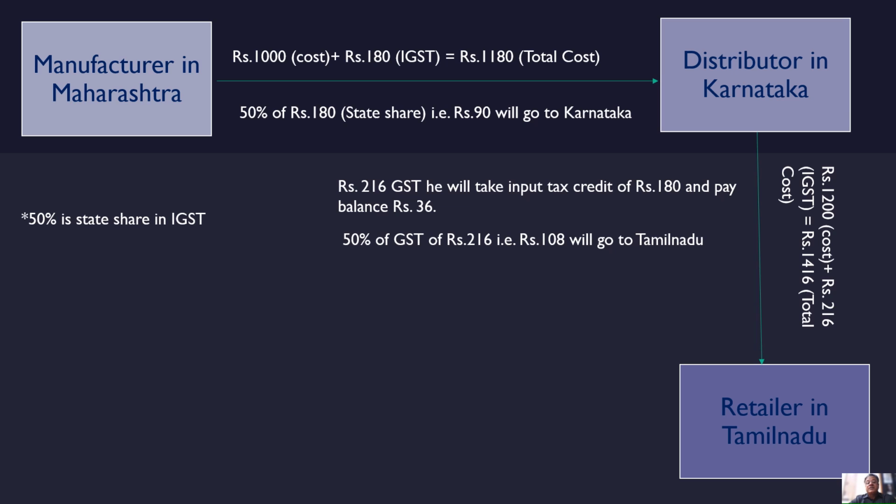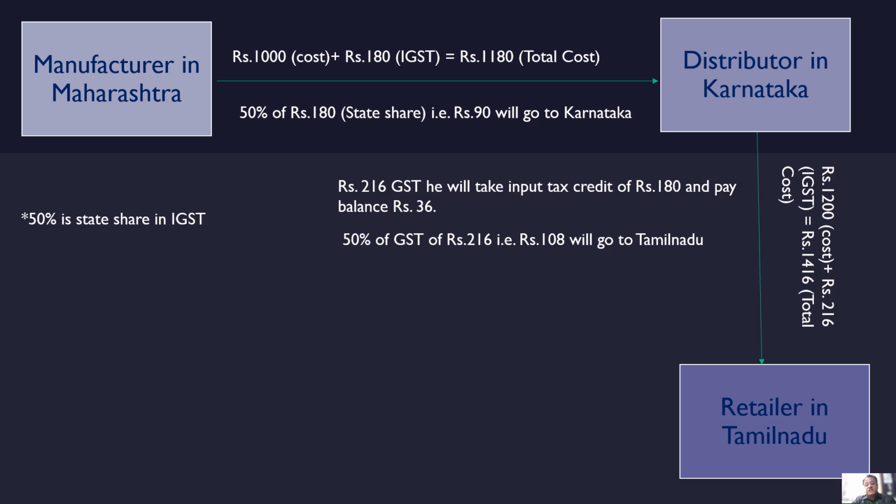Now in this 216 rupees GST, 50% of the share is to the state, 50% is to the center. So now since the final receiver of the goods is in Tamil Nadu, 108 rupees will come to the Tamil Nadu government. So this 90 rupees which was paid to the Karnataka government plus the 36 rupees cash portion, in that 50% is for Karnataka, 50% is for center.